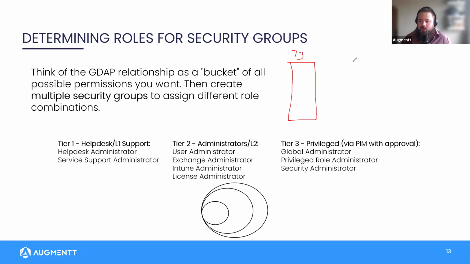From there, they go, okay, we've got our security group, and everybody gets those roles. And then all of their technicians are part of that security group, so everybody has all the roles into the customer's environment.